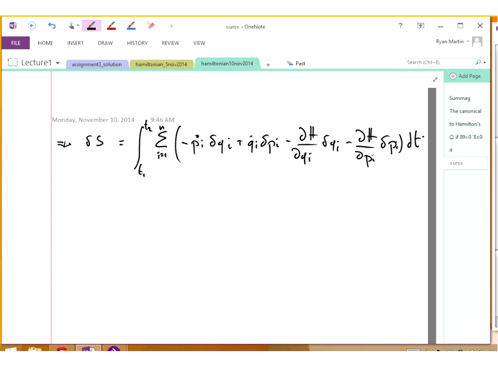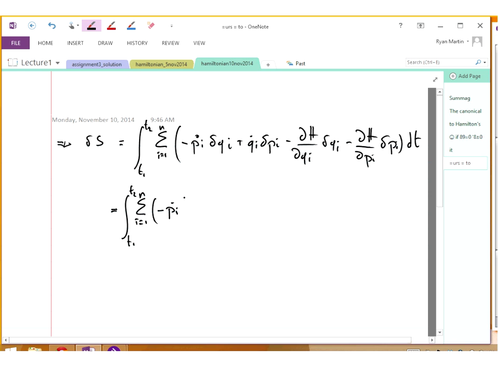And so what I'm going to do now, I'm just going to group the terms that have delta q_i's together and the terms that have delta p_i's together. So that's equal to the integral t1 to t2 of the sum i equals 1 to n. So let me take the terms with delta q_i's in them.